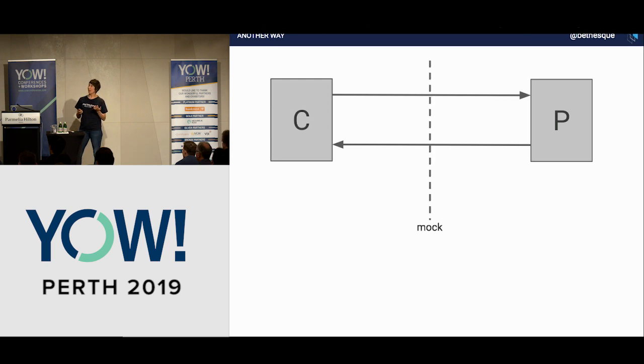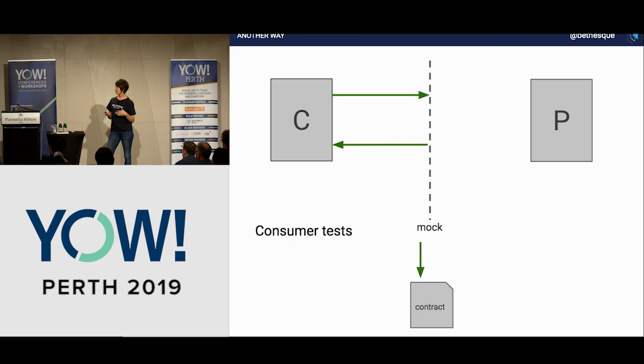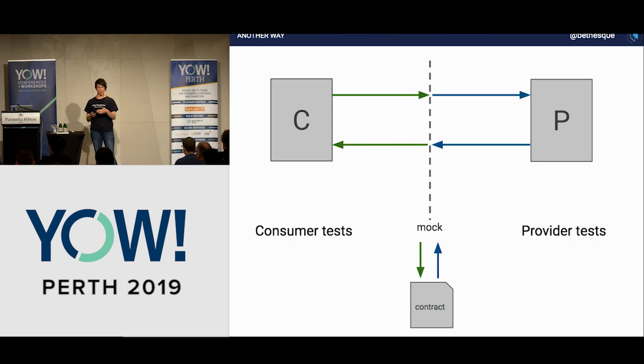We have a consumer and we make a request to our mock provider. And this is the bit where that pattern differs from what I was just discussing before. While we're running those tests, we write the request and the expected response to a contract file. Then we take that contract file over to the provider and we replay the request and we look at the response that comes back, and we make sure the response that comes back matches the expected response.